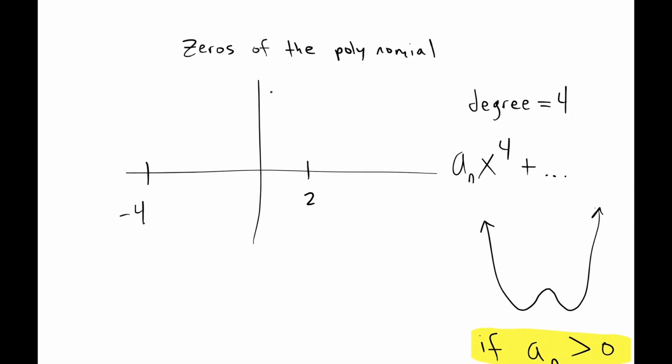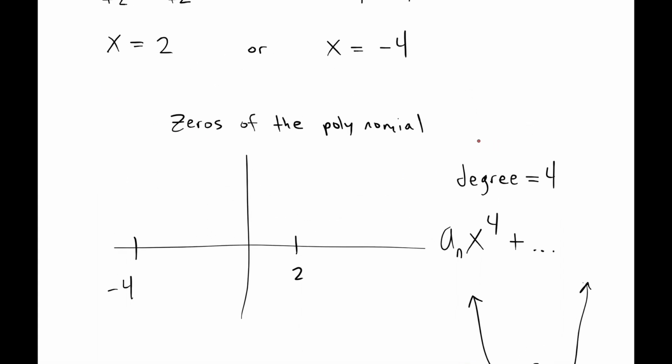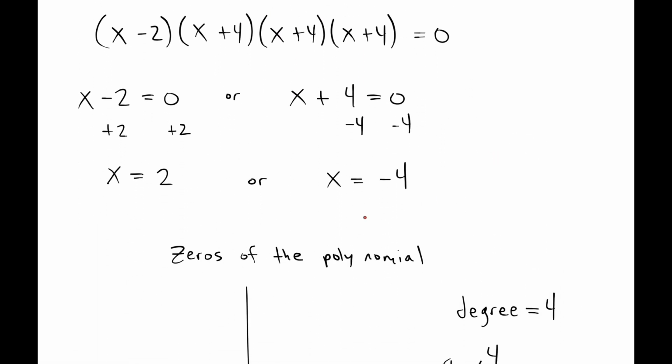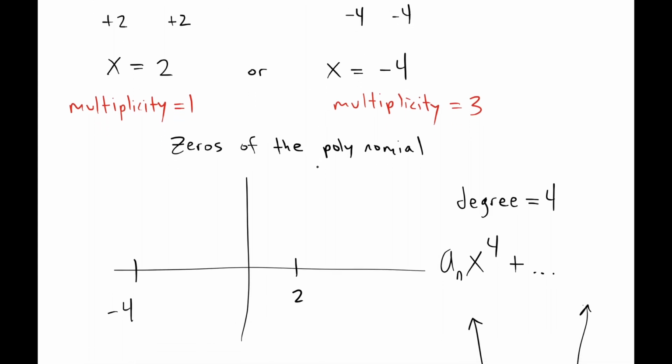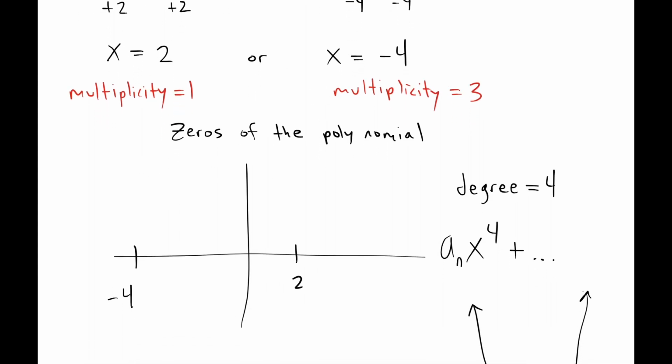Now, if you have an odd multiplicity for a root, remember that this multiplicity was 1, which is odd, and this multiplicity was 3, which is also odd, then you're going to cross through the x-axis. The way you cross through could be that you just go straight through, like this one at 2, which has a multiplicity of 1.